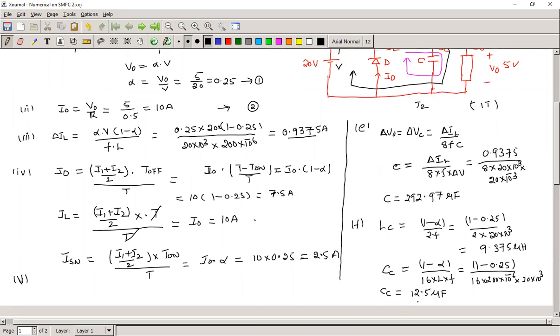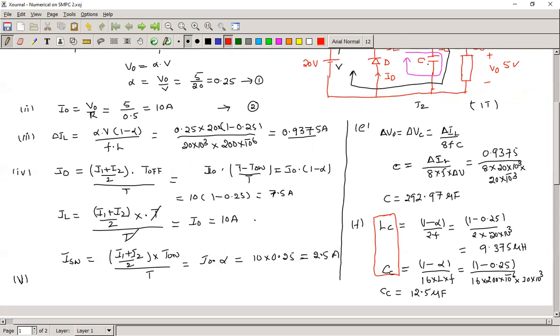So, what is the physical meaning of this critical inductance and this critical capacitance? The critical inductance is the minimum value of inductance so that the inductor current becomes discontinuous. The critical capacitance is the value of capacitance you have to keep here so that the ripple in the output voltage is within the limit.